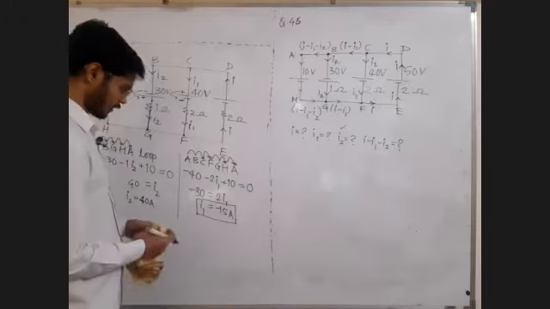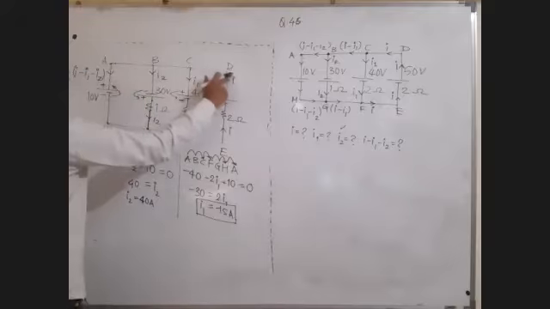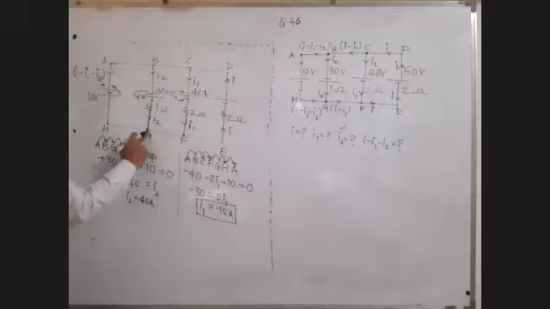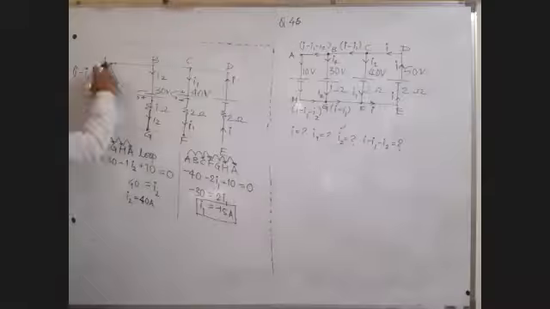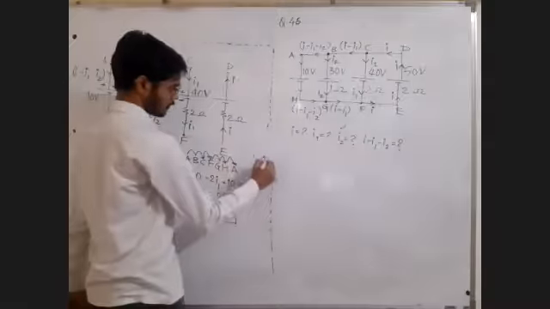Now the next equation that we are going to write will be again A to B to C to D, D to E, E to F, F to G, G to H, and back to A again. Write down along with me.